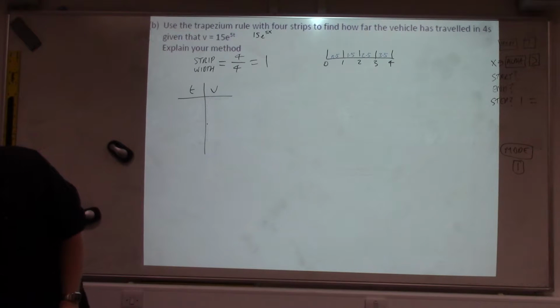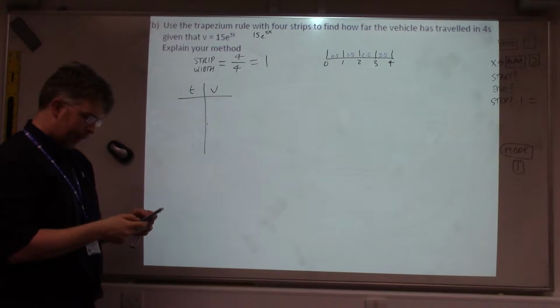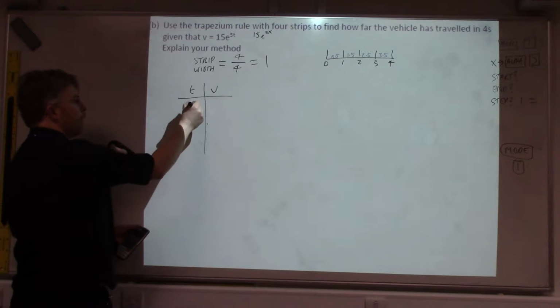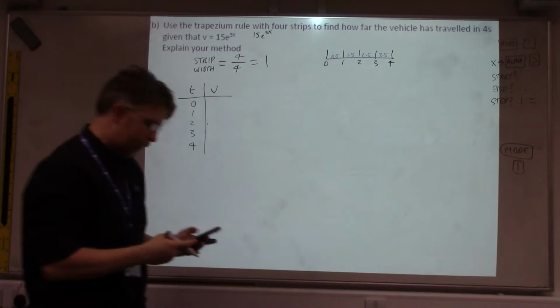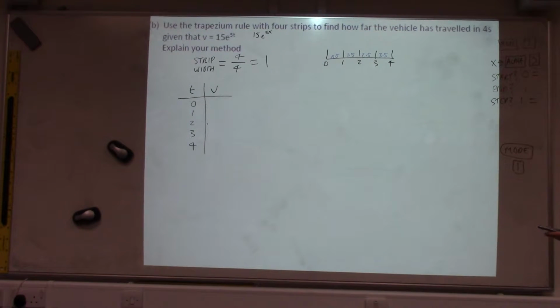So back to table mode, mode 7, re-enter the formula 15e to the 5x, alpha x. This time we want the endpoints, so 0, 1, 2, 3 and 4. Our start is 0, our end is 4, and our step is 1.